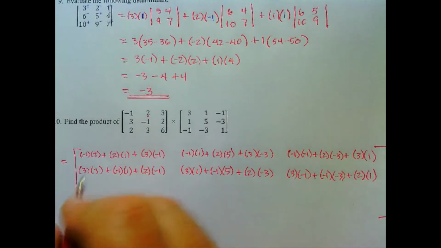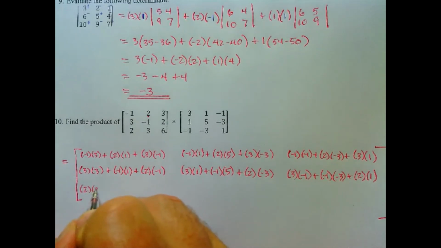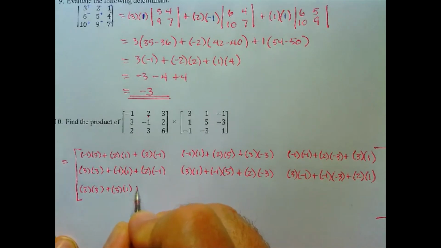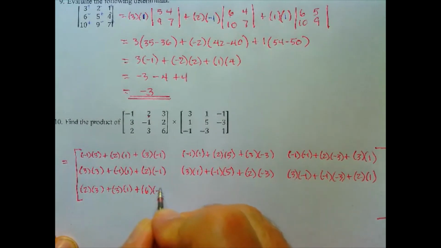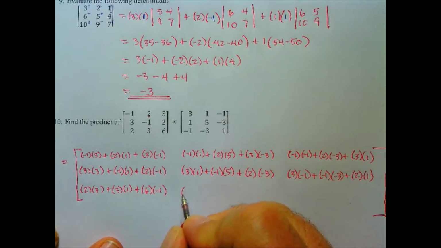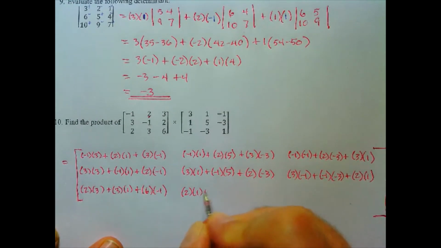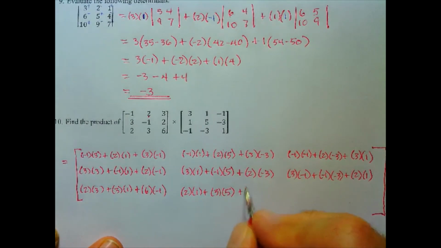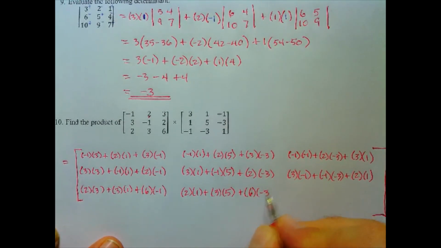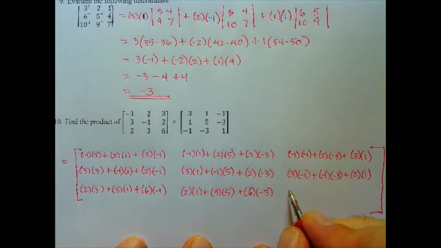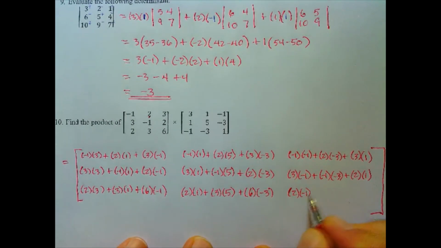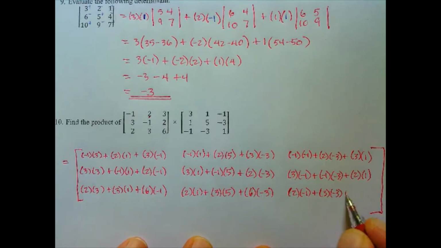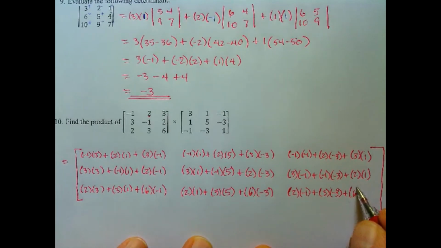Okay, our last row, 2 times 3 plus 3 times 1 plus 6 times -1, and then here 2 times 1 plus 3 times 5 plus 6 times -3, and then our last element, 2 times -1 plus 3 times -3 plus 6 times 1.